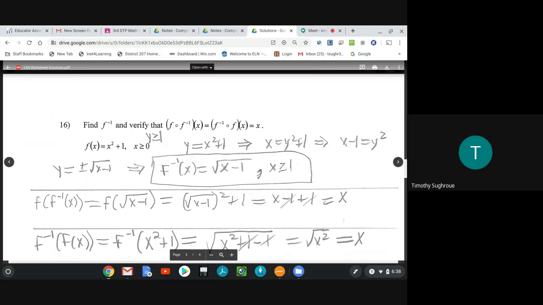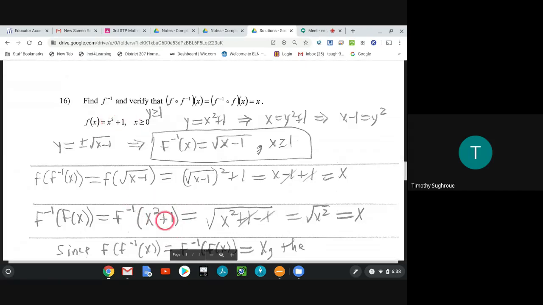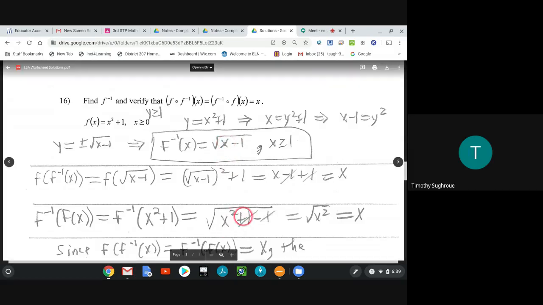Now we have to do the composite in the opposite order. f negative 1 of f of x. Take x. Plug it into the f function, x squared plus 1 comes out. x squared plus 1 is the new input into the inverse function. The inverse function says take whatever comes in. x squared plus 1 comes in.